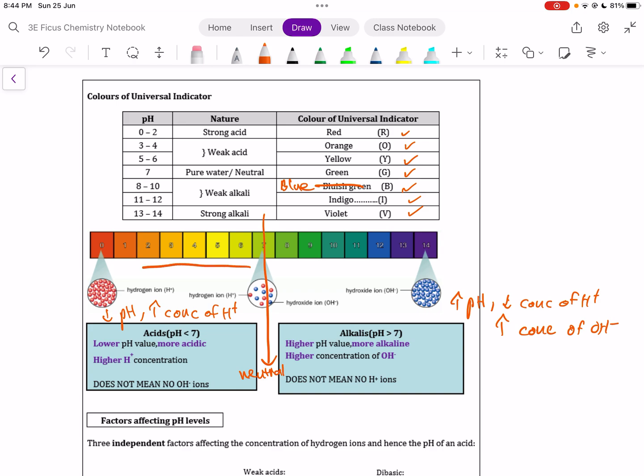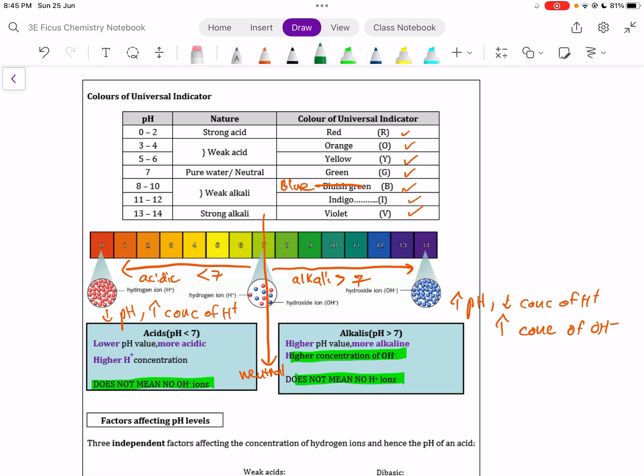Anything less than 7 is acidic, and anything more than 7 is alkaline. A higher concentration of OH minus does not mean no H plus, and a higher concentration of H plus doesn't mean no OH minus.